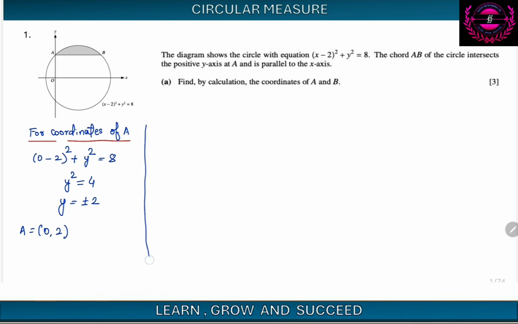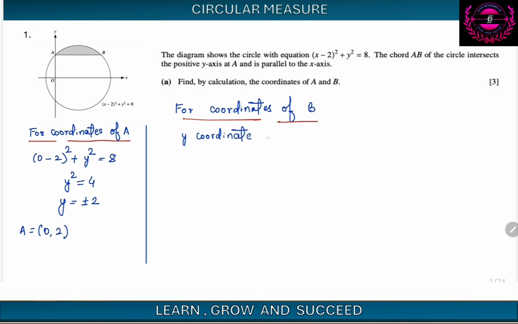So now for coordinates of B, we know that the y coordinate of A and the y coordinate of B are the same because the chord is parallel to the x axis. So the y coordinate of B is 2.